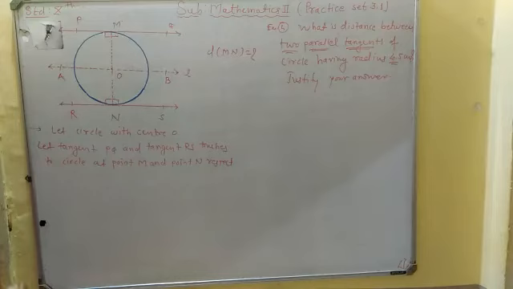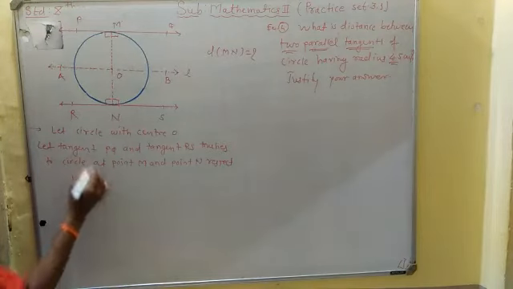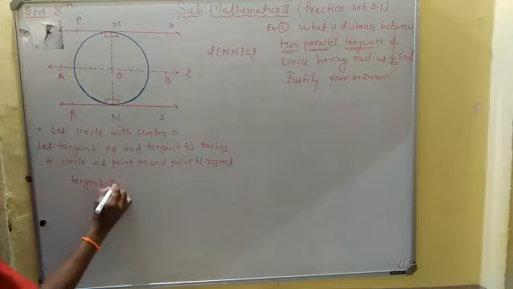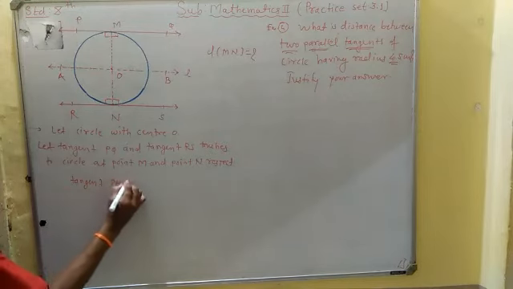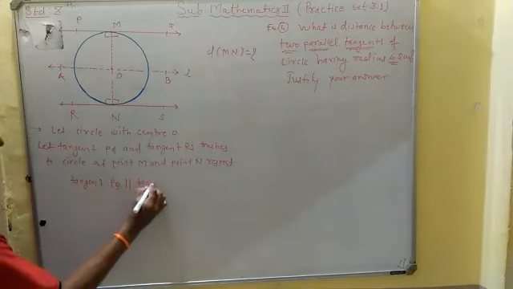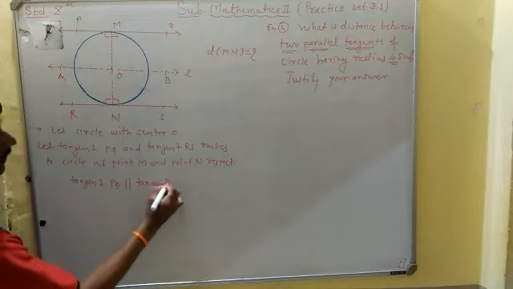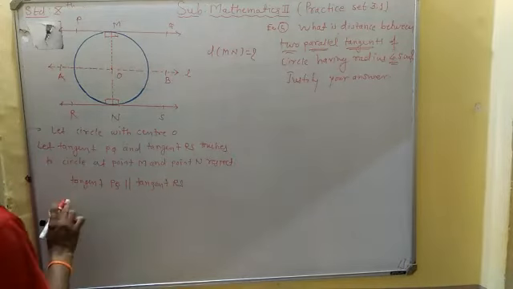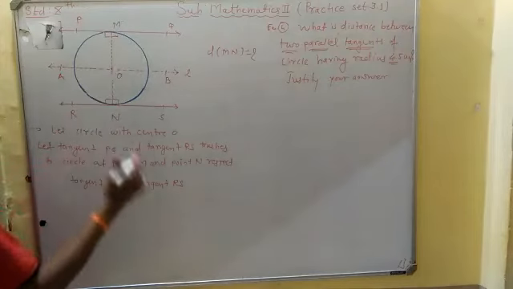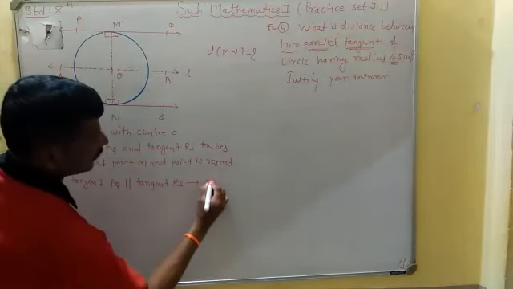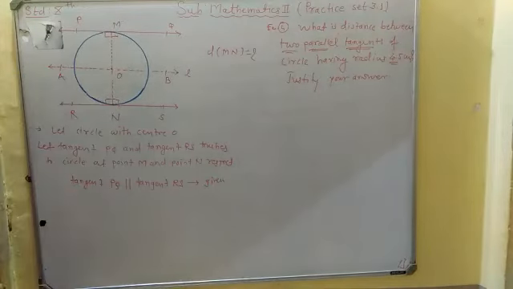Okay, and what is given here? Tangent PQ is parallel to tangent RS. PQ and RS tangents are parallel to each other. That is given. We do the construction here.